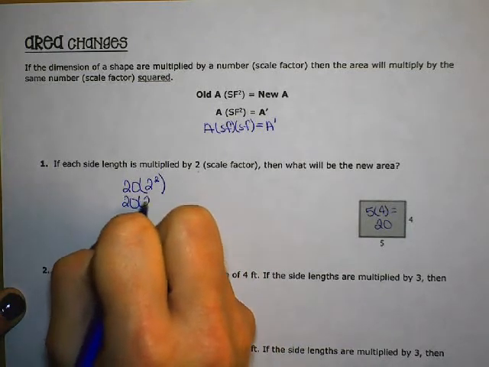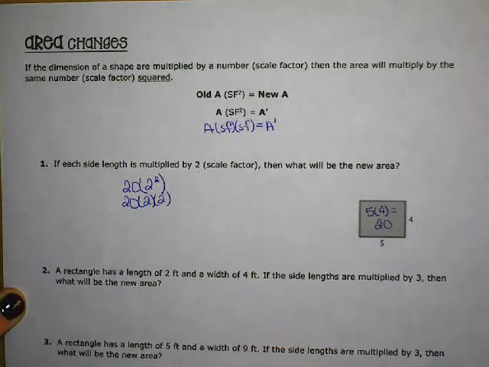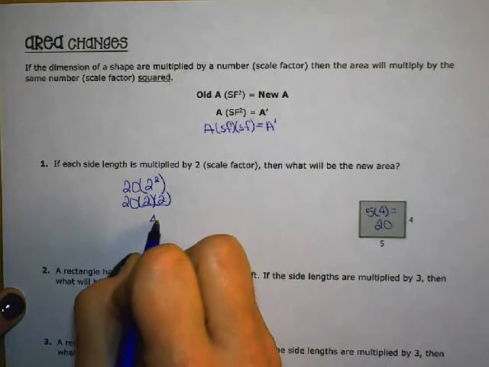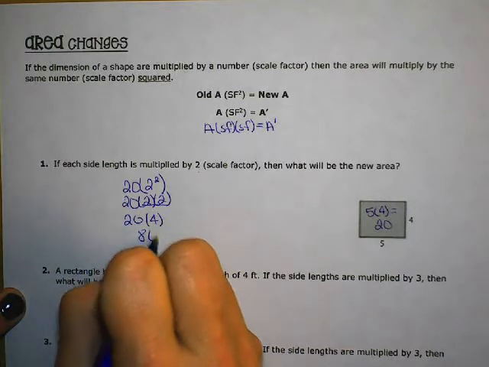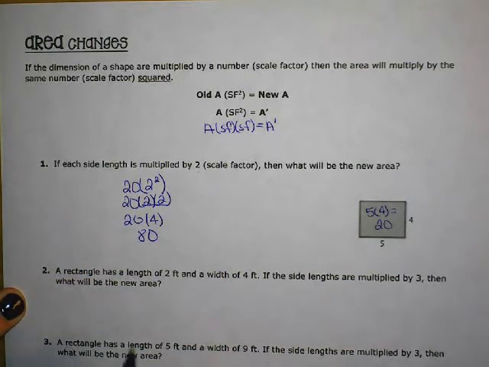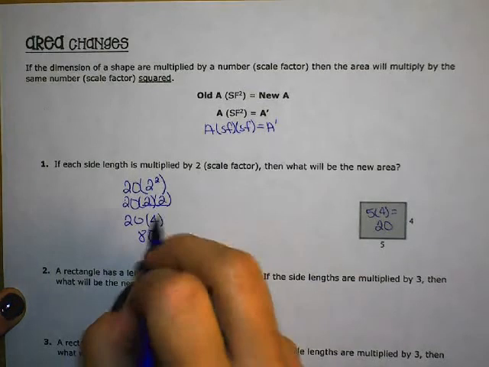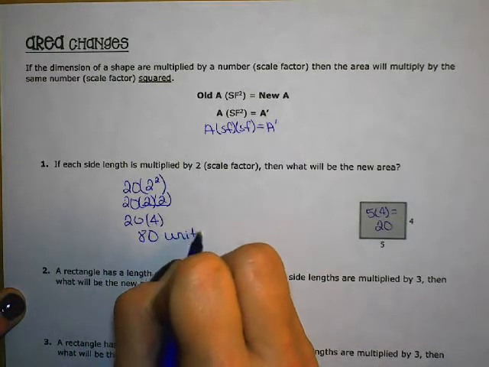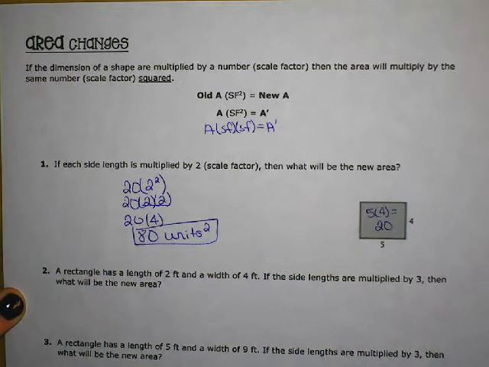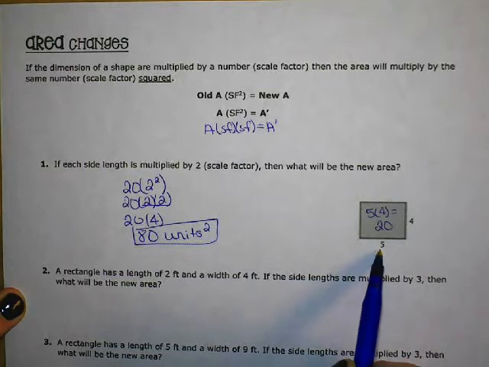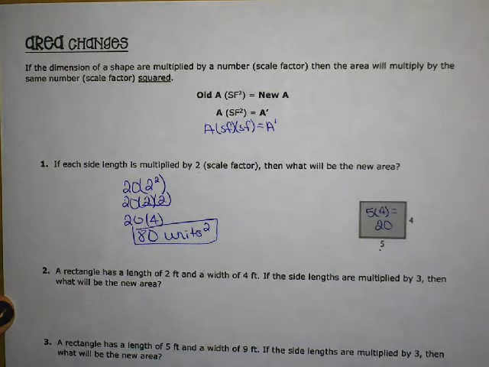Therefore, I'm going to do 20 times 2 twice. 2 times 2 is 4. So I'm going to do 20 times 4, and it is 80. The area of the new shape will be 80 units squared. Again, I use the word units because they did not tell me if this is millimeters, centimeters, or inches. Let's see if you can do number 2 by yourself.